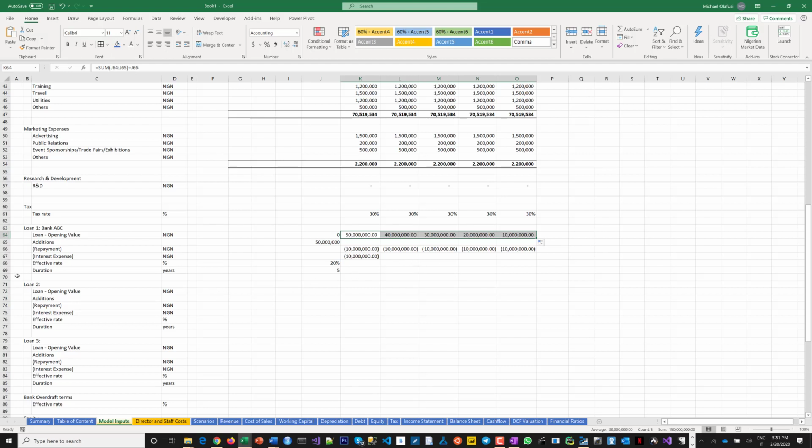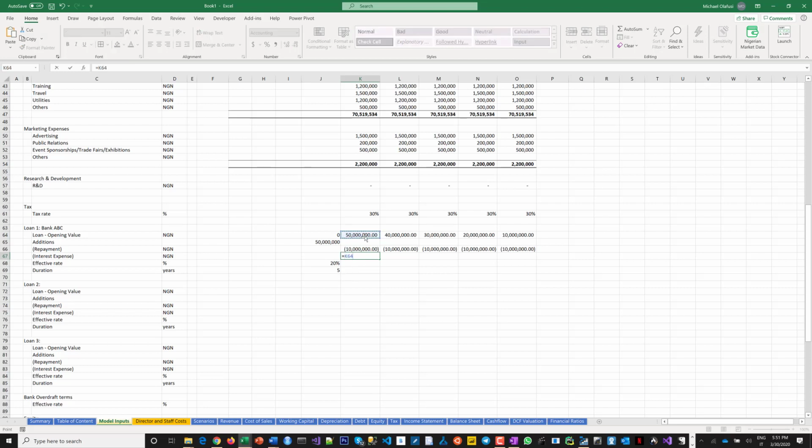And if you also need the closing value, which we don't need here, but when we get to the debt schedule, you're going to have to do the loan closing value, right? So if the interest rate is this, then let's just use this to compute.